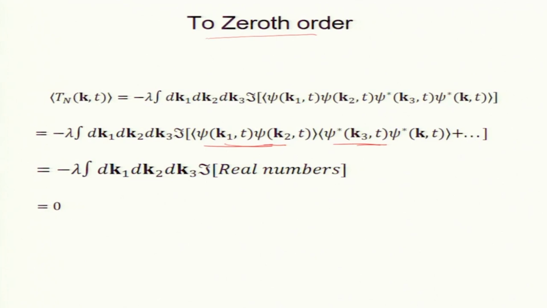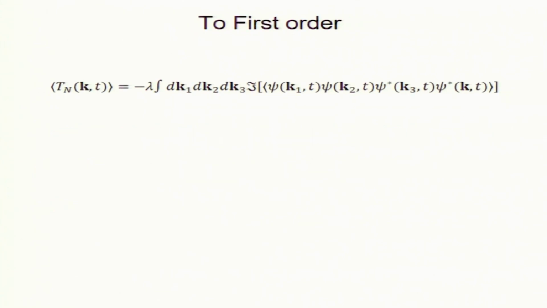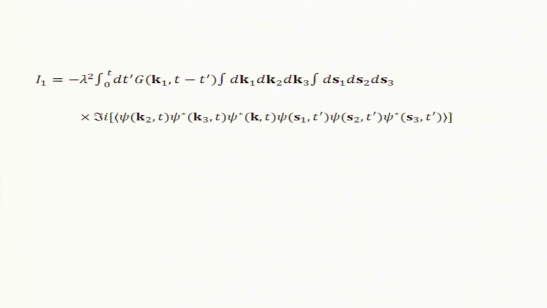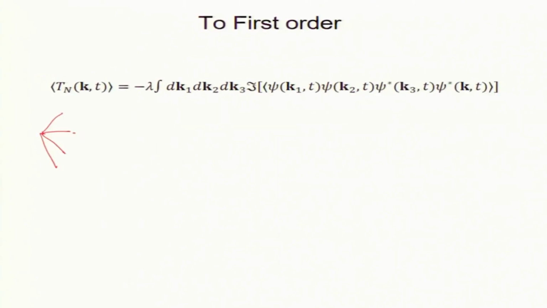So, what do I do for the next order? I need to expand one of them using Green's function. So, I have these 4 psi's and I can take one of them and expand using Green's function. Okay, so, let us write down this stuff.